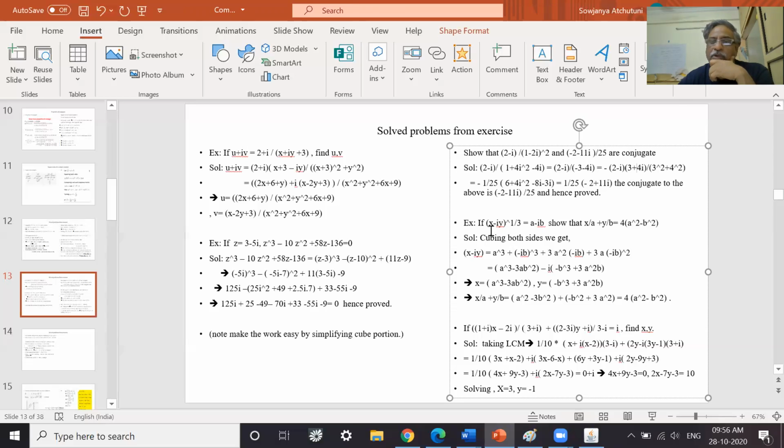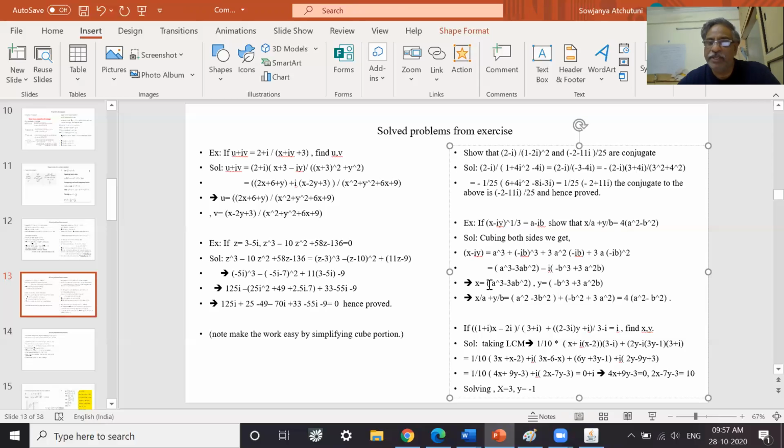So if x plus iy to the power of 1 by 3 is a plus ib, we have to show this. So I'm cubing both sides: x minus iy is equal to, when I do a minus ib whole cube, a cube minus b cube plus 3a square b plus 3ab square, here b is minus ib.